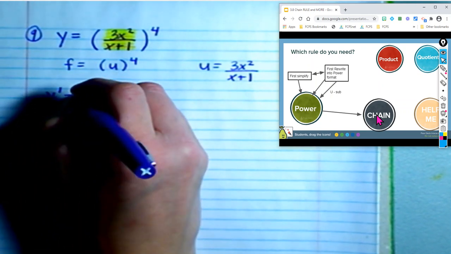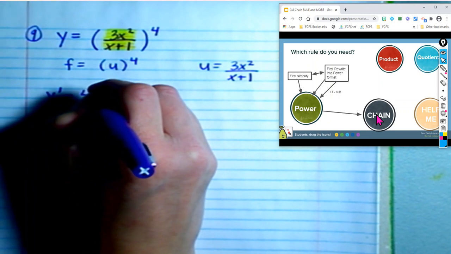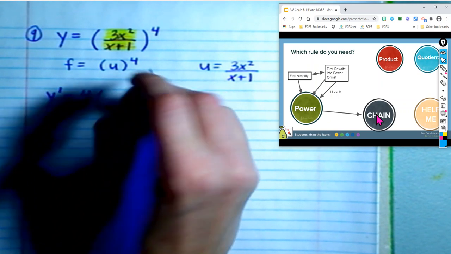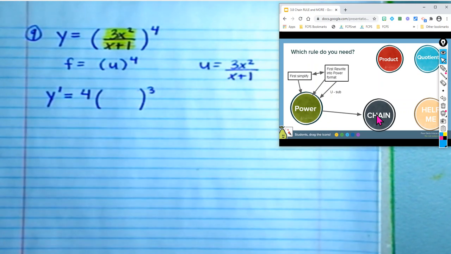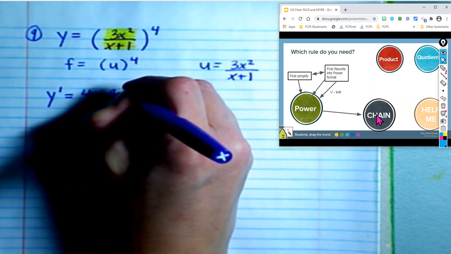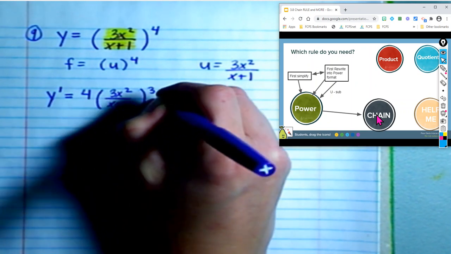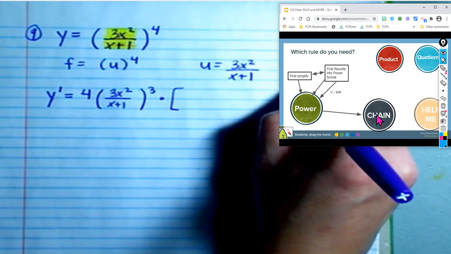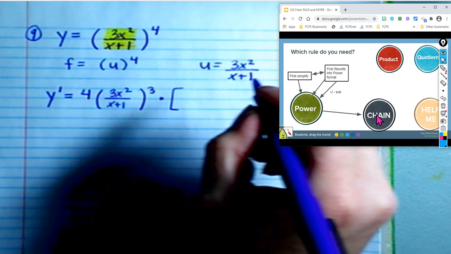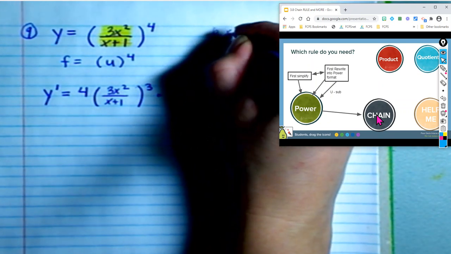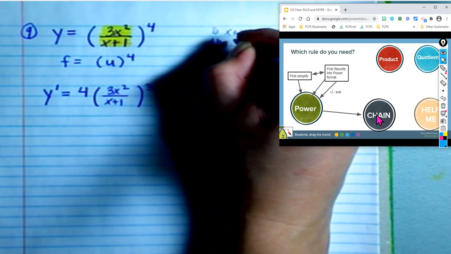Y prime equals outside derivative. Sometimes rewriting this is all I need in order to be able to put it together. Copy times the derivative of the inside. Okay. Bottom, derivative of the bottom.